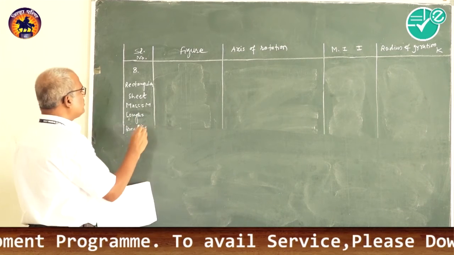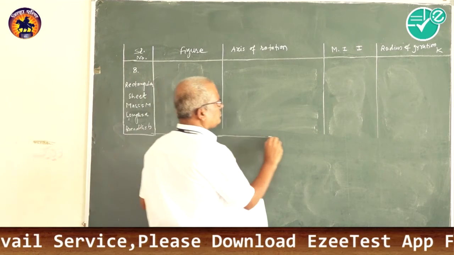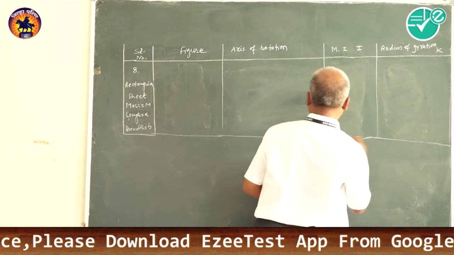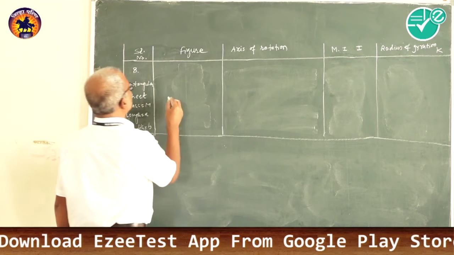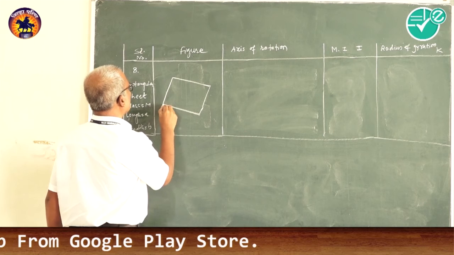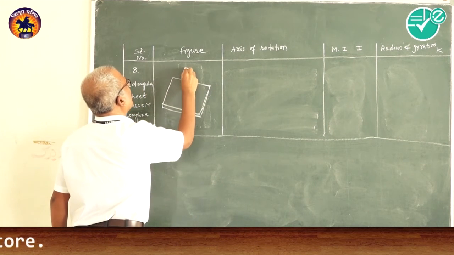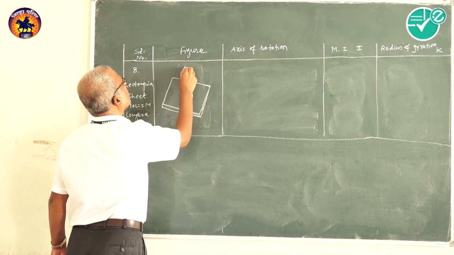Suppose the length is a and the breadth is b. I will draw just this diagram. So this is a rectangular sheet.